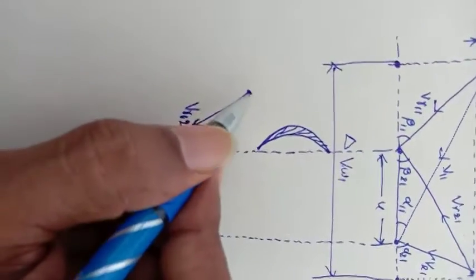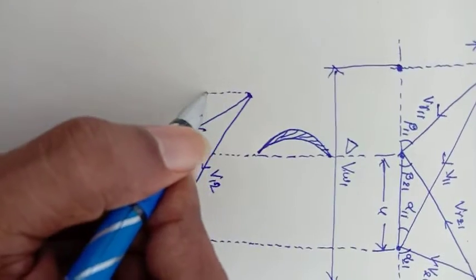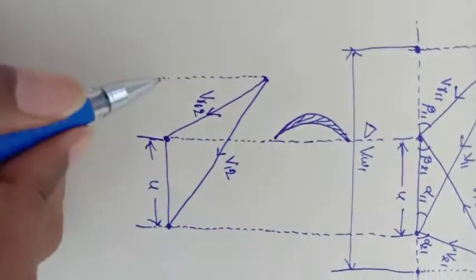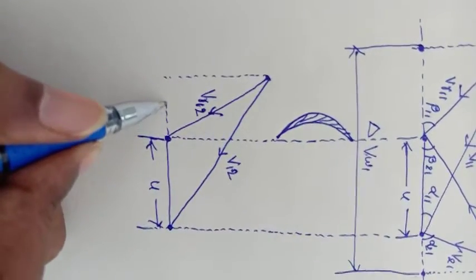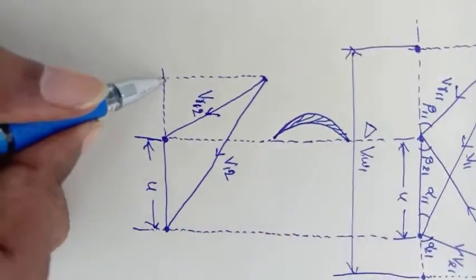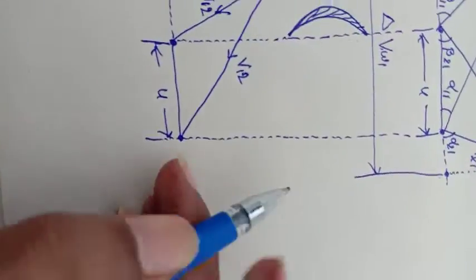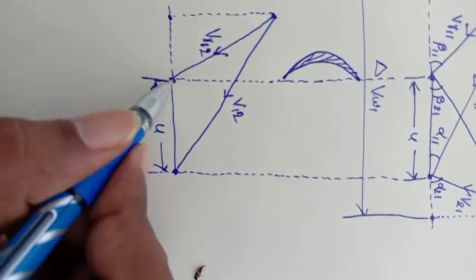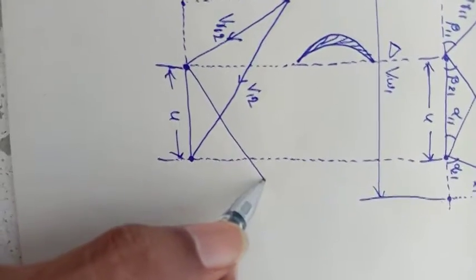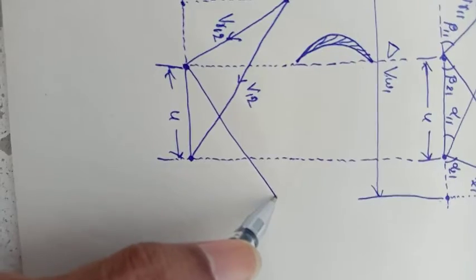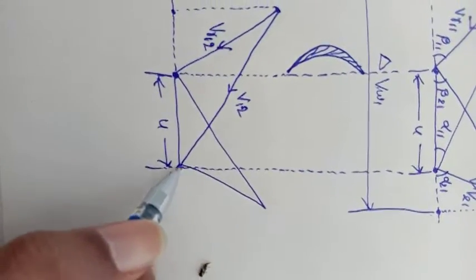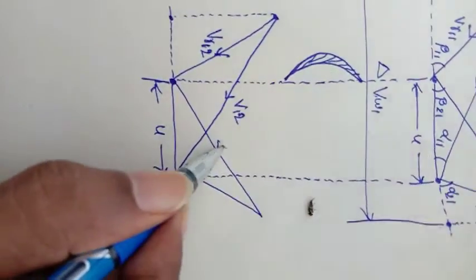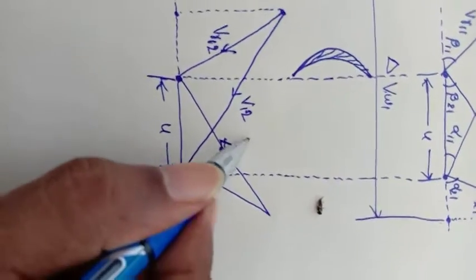Okay, and then here also we are going to draw the flow velocity. So this is the inlet. Now we are going to the exit part, and here also the same thing in the exit part, a triangle like this. This is coming from downwards always.